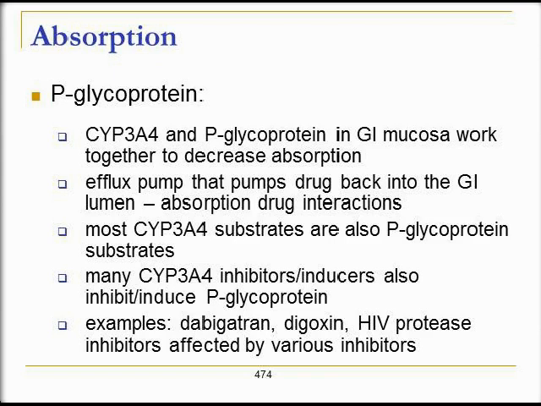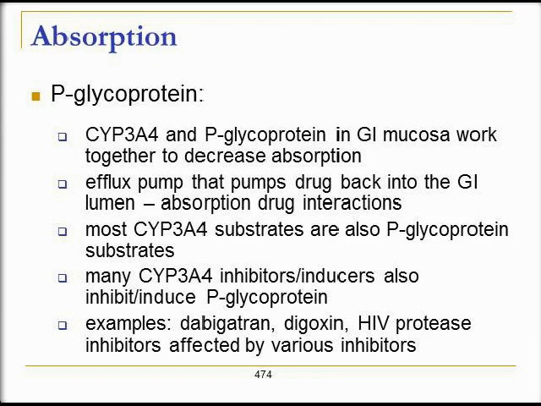Most CYP3A4 substrates are also P-glycoprotein substrates. So if you have a substrate that's trying to be absorbed, you have two things that are usually trying to stop it from being absorbed. And many CYP3A4 inhibitors or inducers also do the same thing, inhibit or induce P-glycoprotein. So we have drug interactions where it's not only affecting the liver, but it can also be affecting absorption through this mechanism.